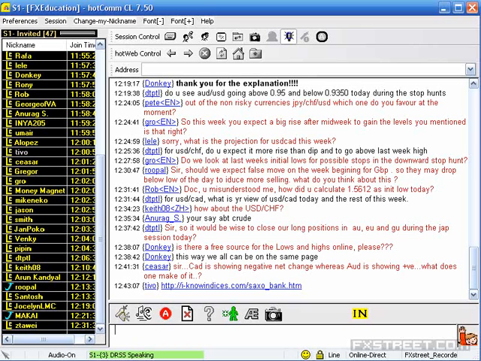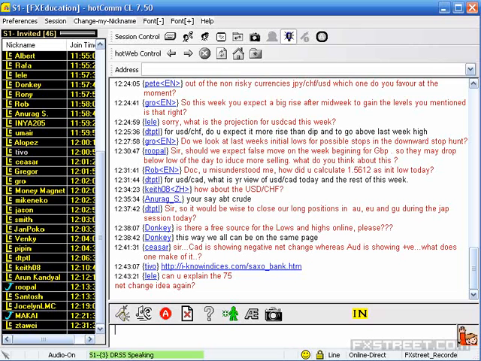And see that CAD is showing negative net change, whereas Australia is showing positive net change. What does one make of it? So both are doing the USD weakening move, isn't it? So in USD CAD, it is showing negative net change. It is showing a drop. That means Canadian dollar is strengthening against US dollar, and AUD USD, Australian dollar, is the numerator currency.